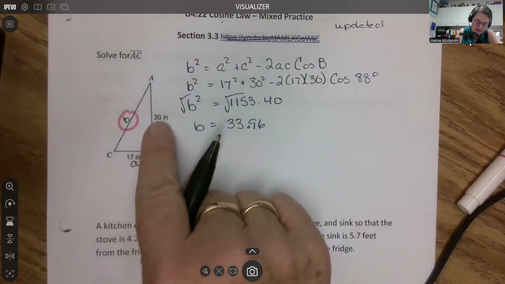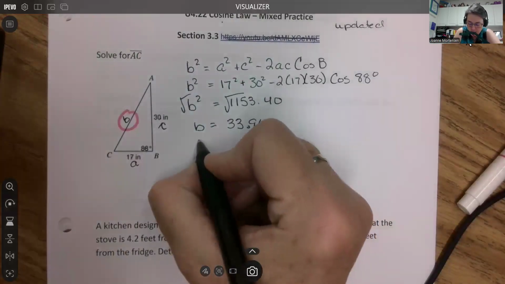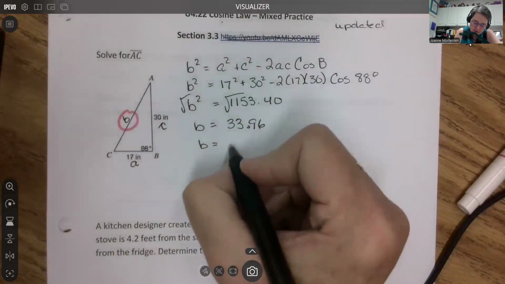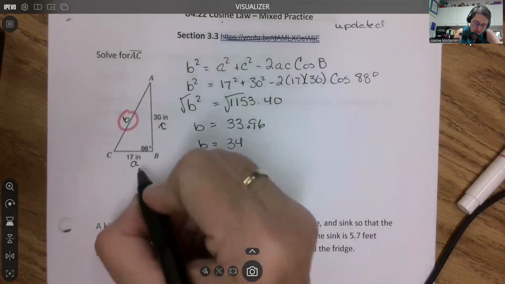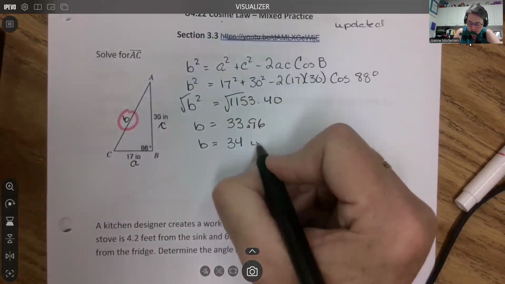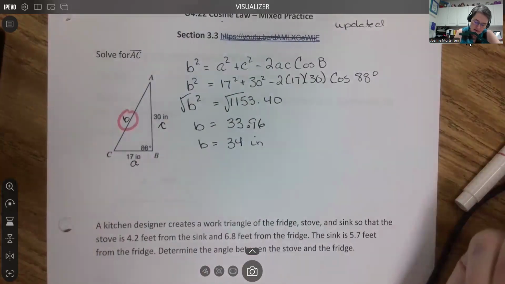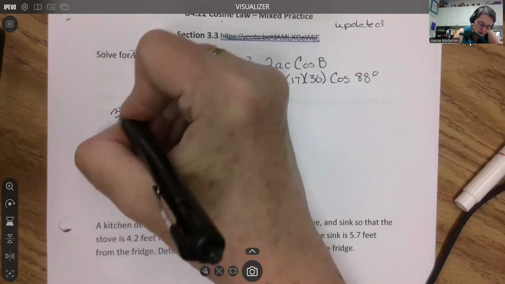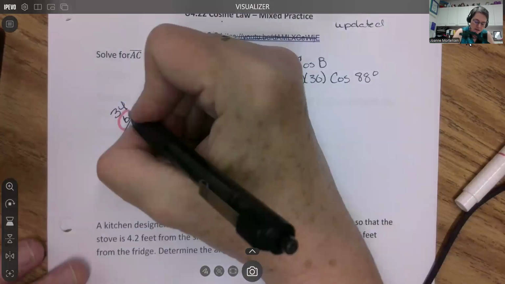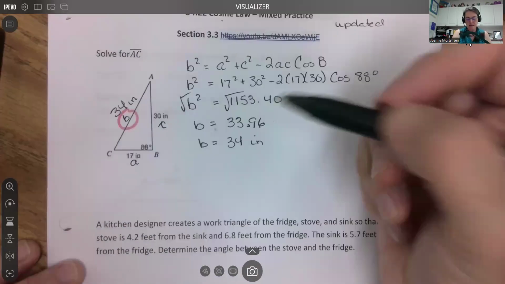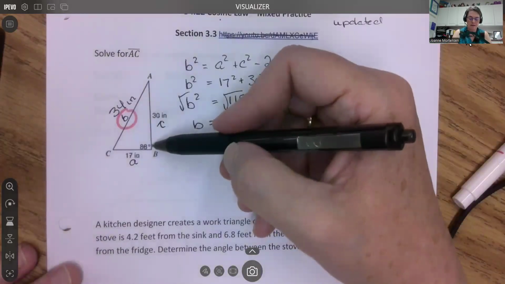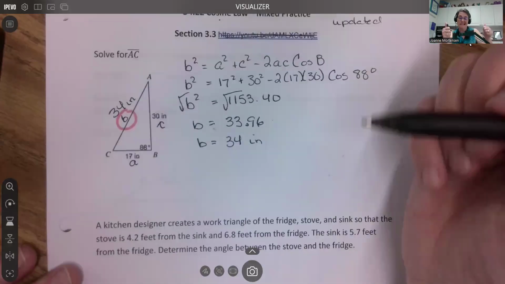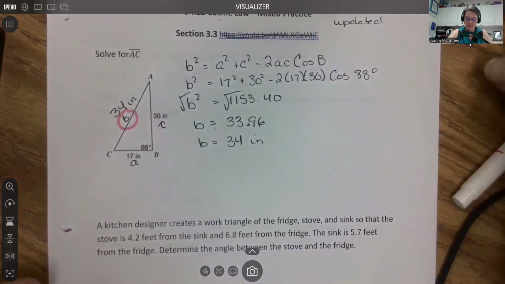These are rounded to whole numbers, so b is equal to 34, and in this case it has inches in it, so this is 34 inches. That makes sense because 88 is going to be the biggest angle in my triangle, and this is the biggest side. So yeah, first one's good.